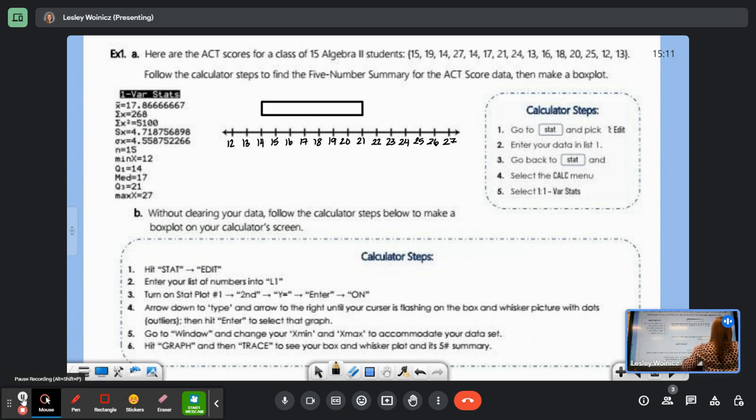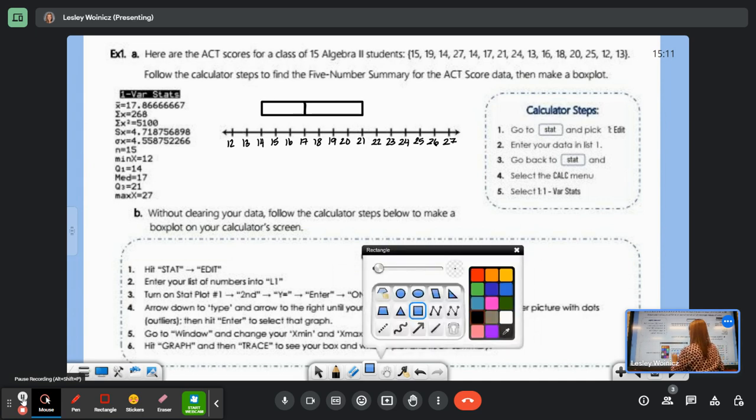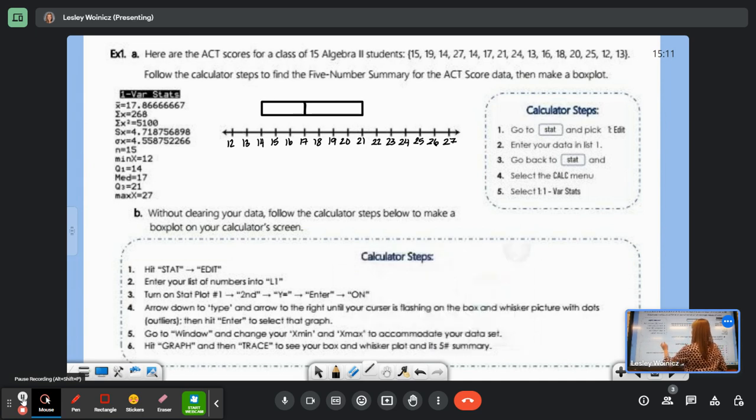Okay, the median is at 17. Okay, my left whisker goes to 12. My right whisker goes to 27.